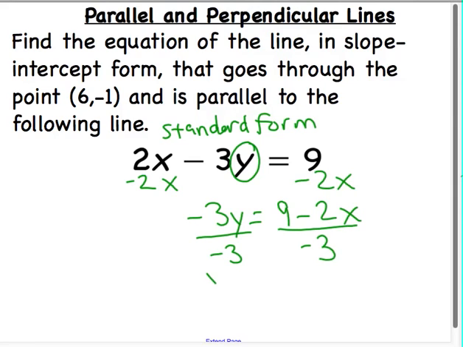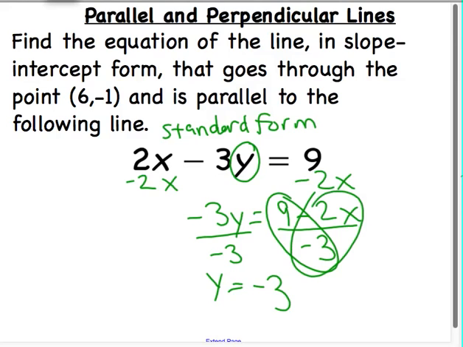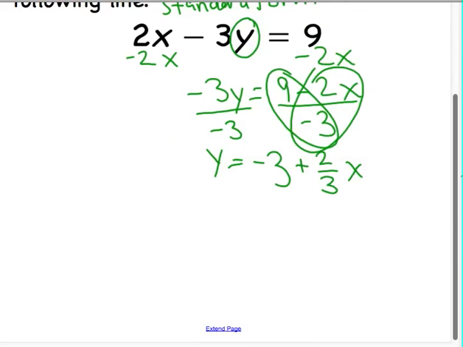And I'm going to get y equals, well, 9 divided by -3 is -3. And -2 divided by -3 is +2/3, and I have x. Another way to write that would be y equals 2/3 x minus 3. So it's in y equals mx plus b form, slope-intercept form.